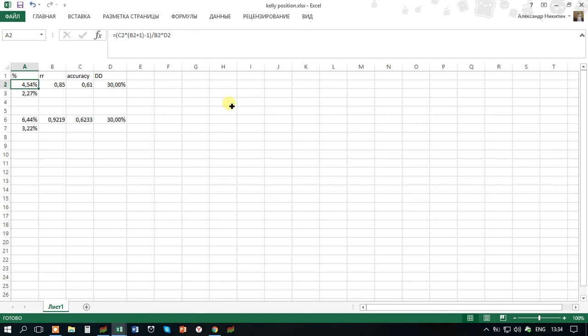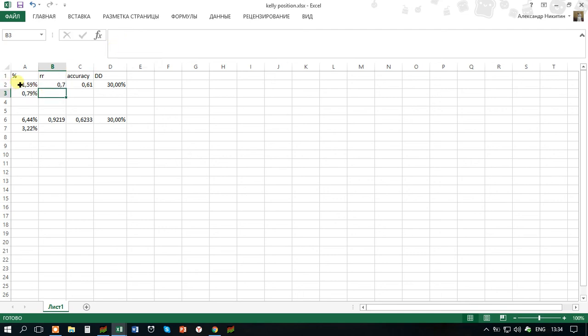So what the Kelly percentage says is that with my accuracy, I am to risk 4.5% total position, and I should split it by 2.27. What if I have the risk to reward being slightly more negative, 0.7?